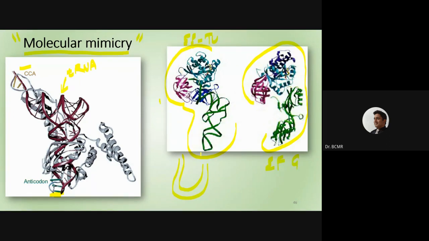If it has to fit, then it has to have a structure complementary to the space available in the A site. So many proteins that you will find also in RRF, ribosome release factors and so on, also have similar structures like this. That is called molecular mimicry.